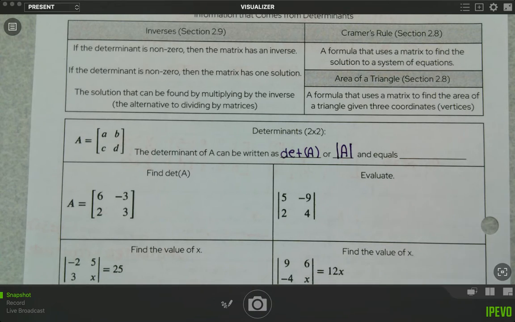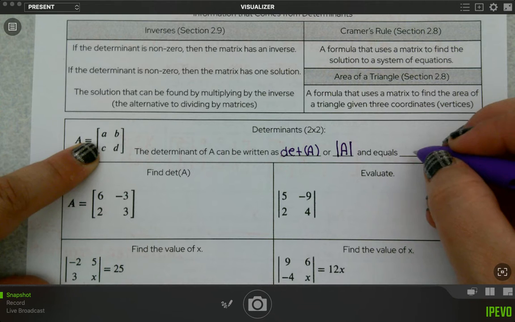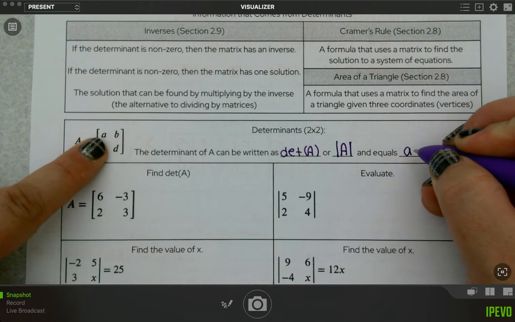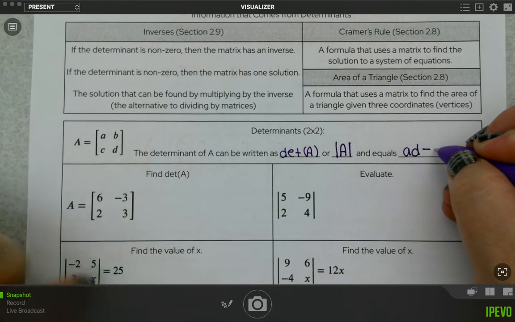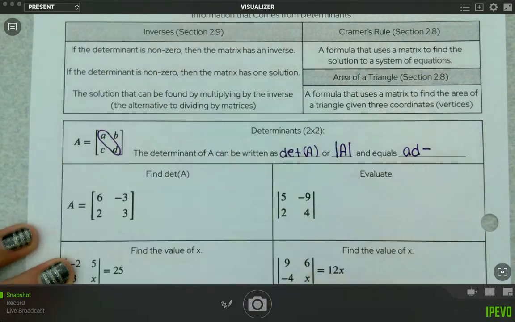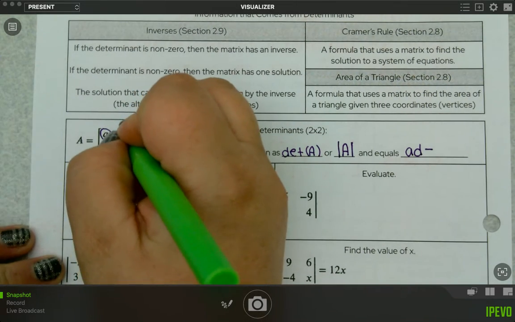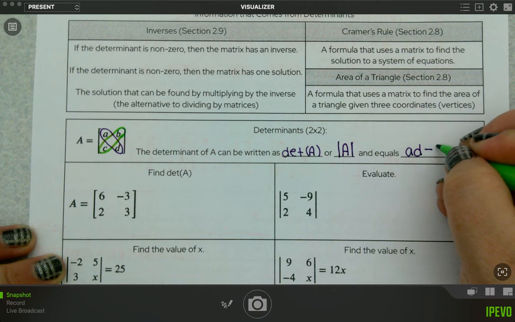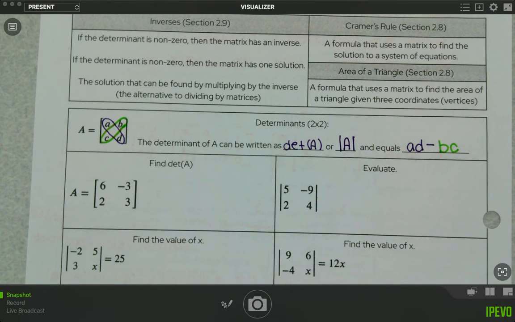And the determinant of this is the two diagonals being subtracted from each other. So A times D, that's one diagonal, minus B times C, which is the other diagonal. So you just subtract them.